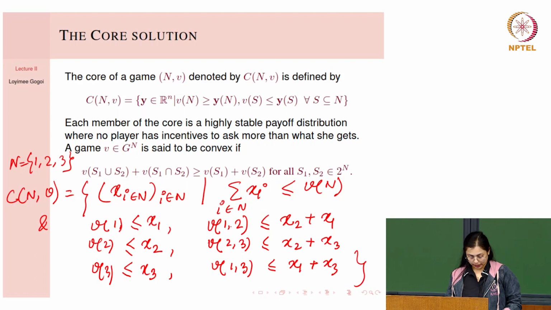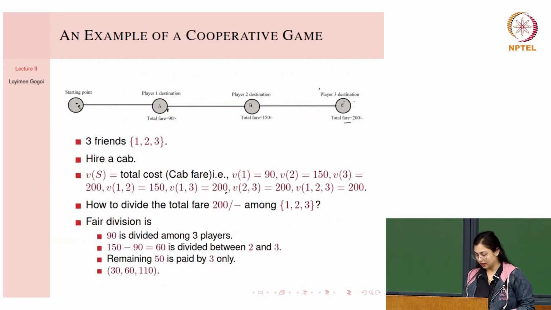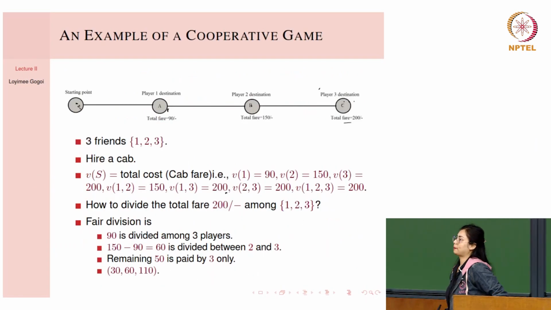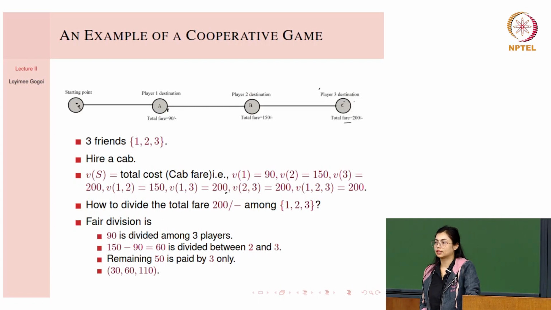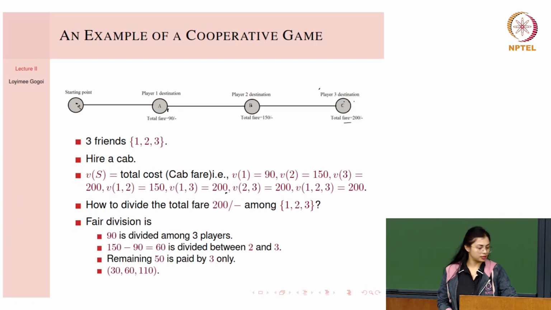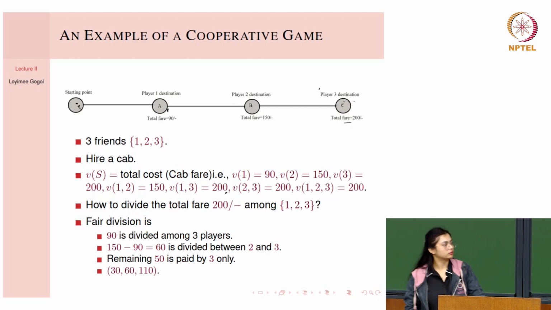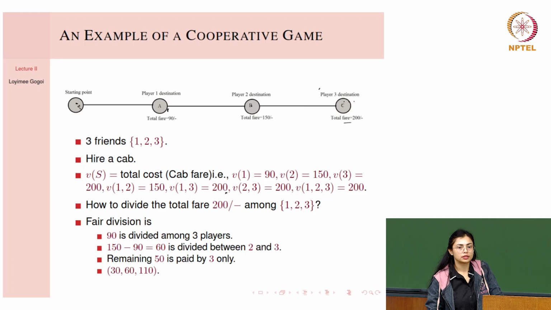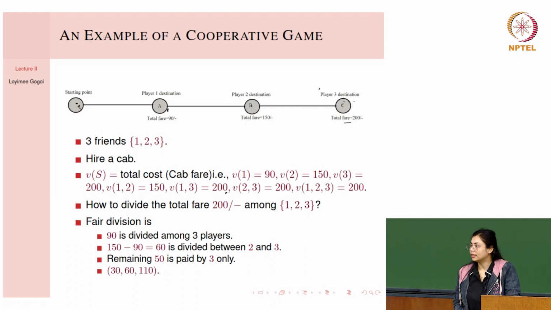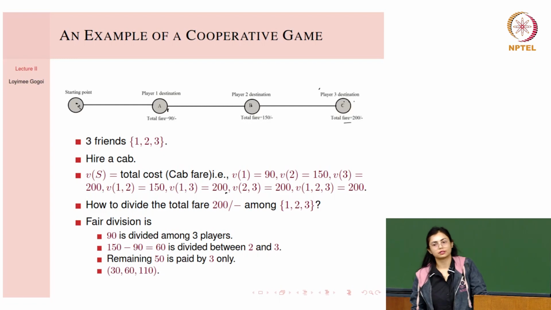Okay. So if we go back to this example, can we have a core solution here? Do you think this is a core solution, 30, 60 and 110? Is it satisfying all those constraints and the objective function? Do I agree or not?